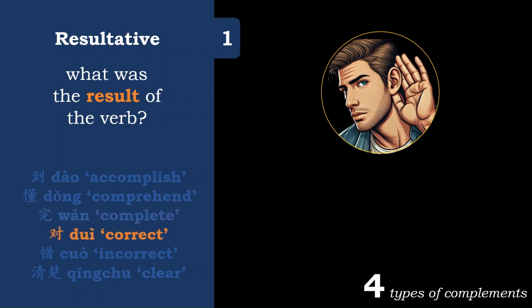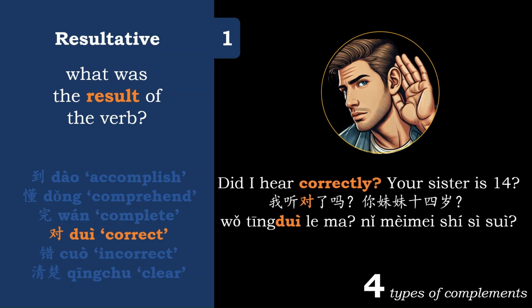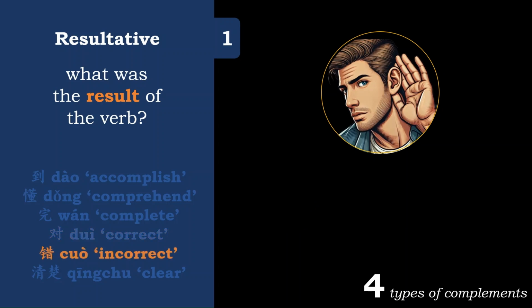对, correct. To hear correctly, 听对. Did I hear correctly? Your sister is 14. 我听对了吗？你妹妹14岁. 错, incorrect. To hear incorrectly or to mishear. 听错. You misheard.